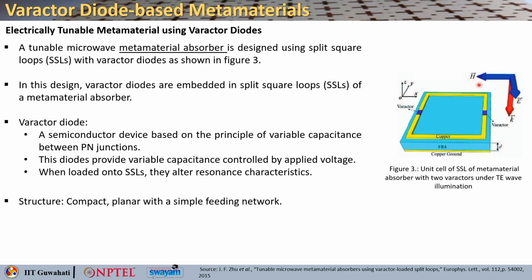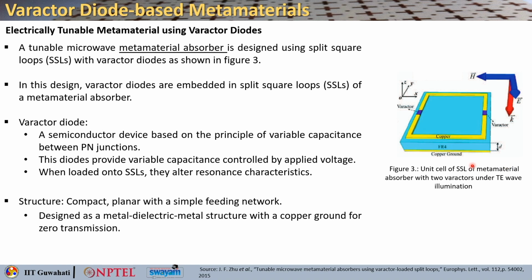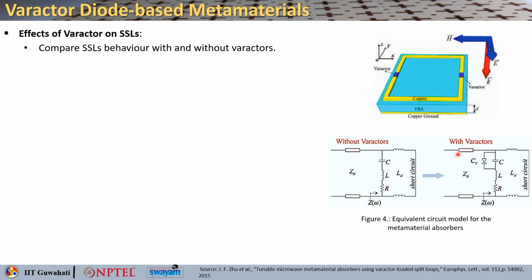This structure is a compact planar design with a simple feeding network. It is designed as a metal dielectric metal structure, and it has a copper ground plane that ensures zero transmission.